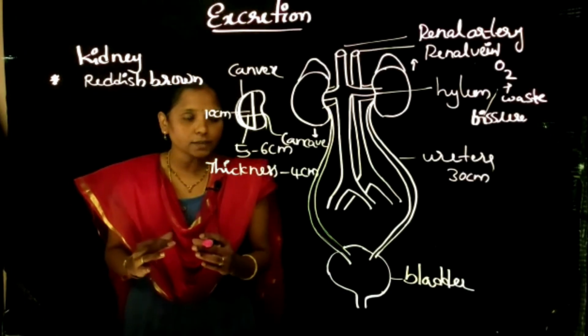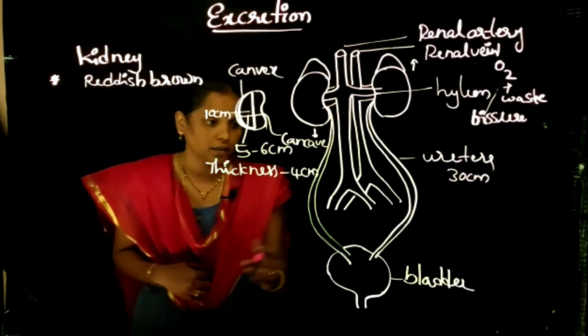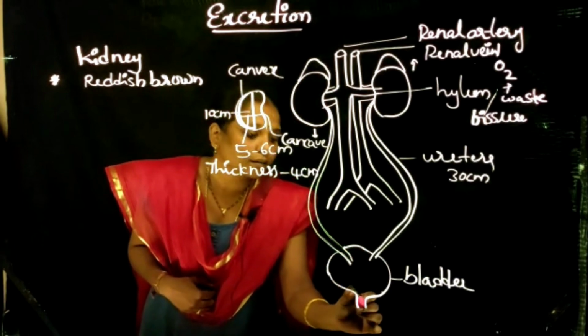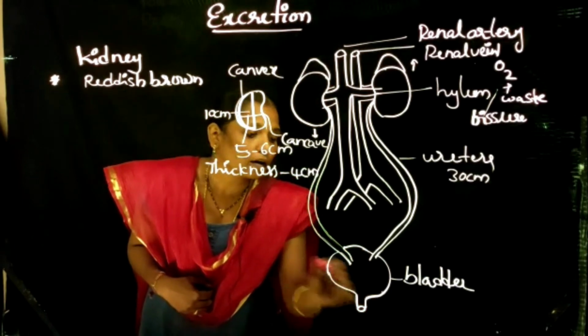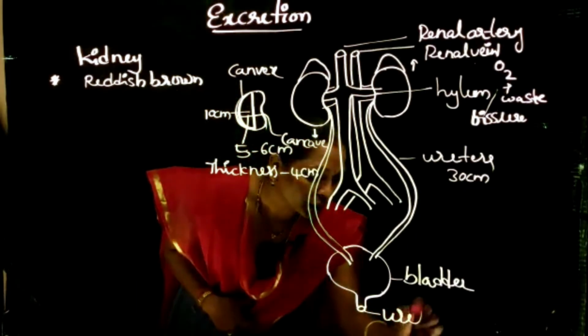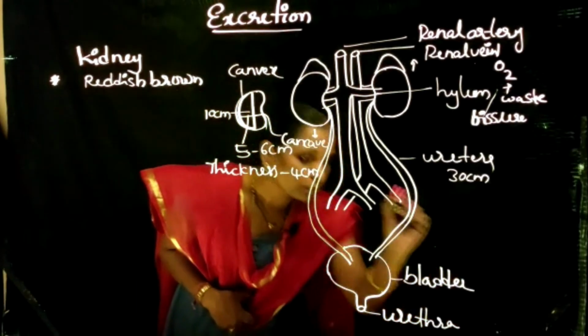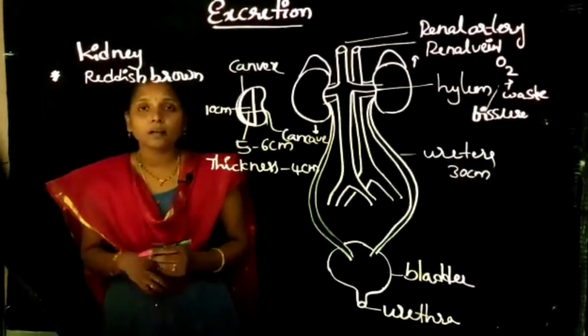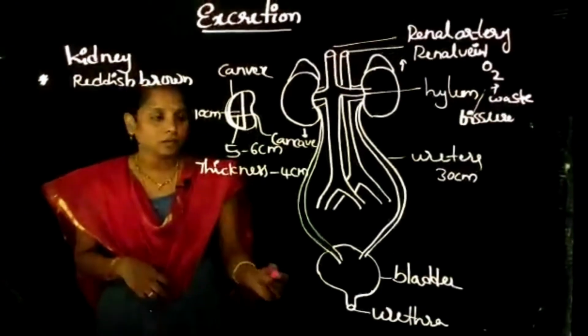The bladder ends with the urethra, and the urethra is the exit point of the urine.